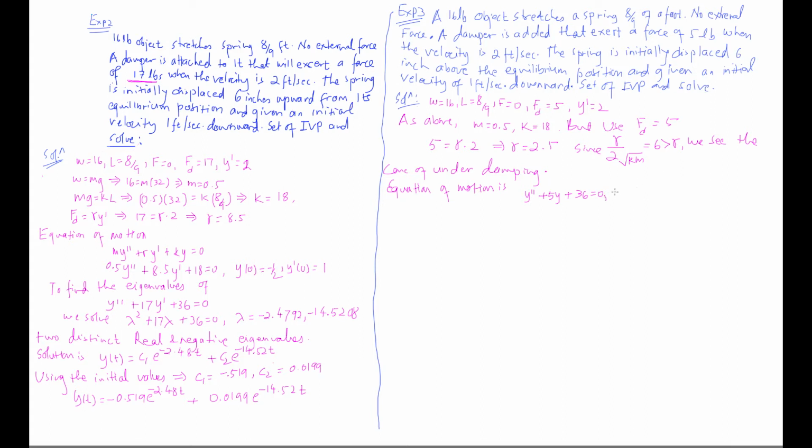With the initial condition y of 0 equals -1/2, and y prime of 0 equals 1. This is the equation of motion.